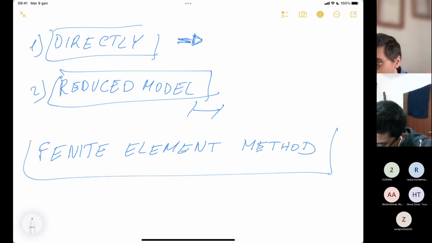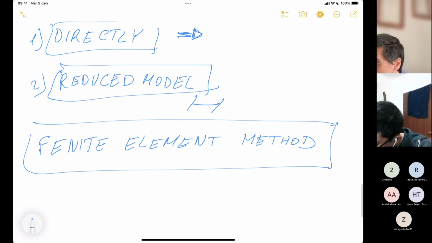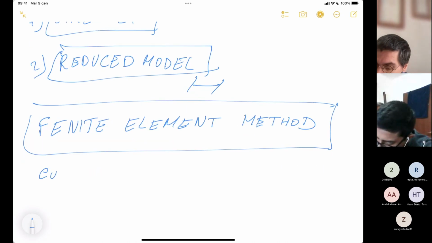In this semester, I will just show you how to use the software, and the software that I consider is COMSOL.